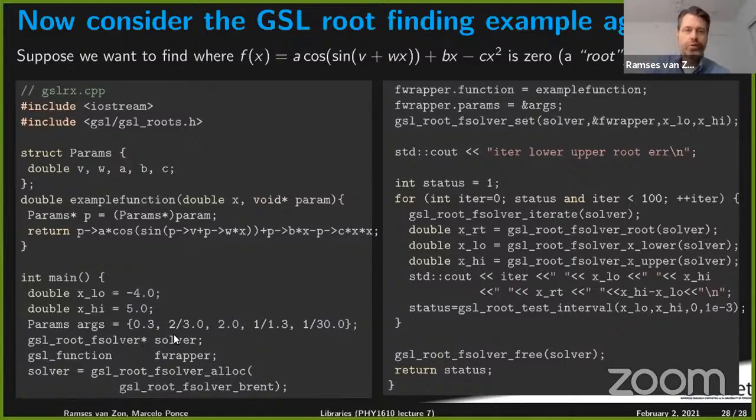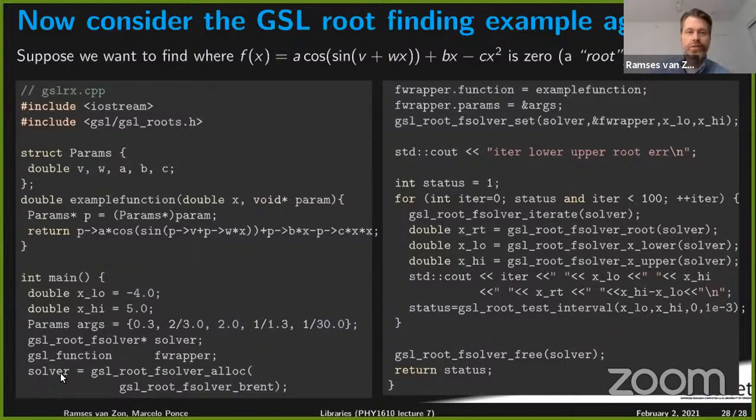In fact, we need a pointer to it because there's some dynamic memory allocation that GSL has to do. And we have to define the function in a generic way. The way it's defined is there's yet another GSL-specific type called gsl_function that wraps our real function. So it's a function wrapper, if you want.